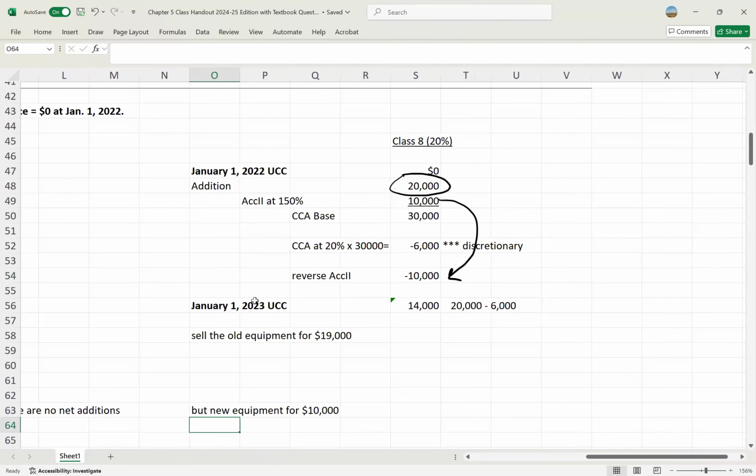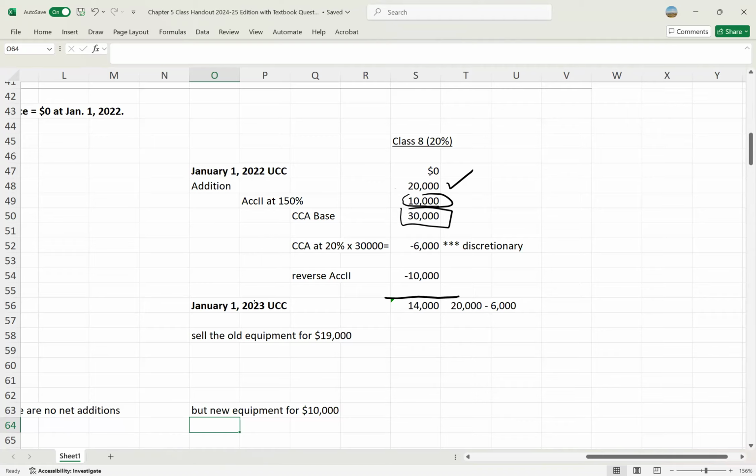So just to recap, in 2022, we bought this new piece of equipment. It goes into class 8. In 2022, the accelerated investment incentive at 100%, 150% applied. So we bumped up the CCA by an extra 50% of the cost. We used 30,000 to calculate our CCA.